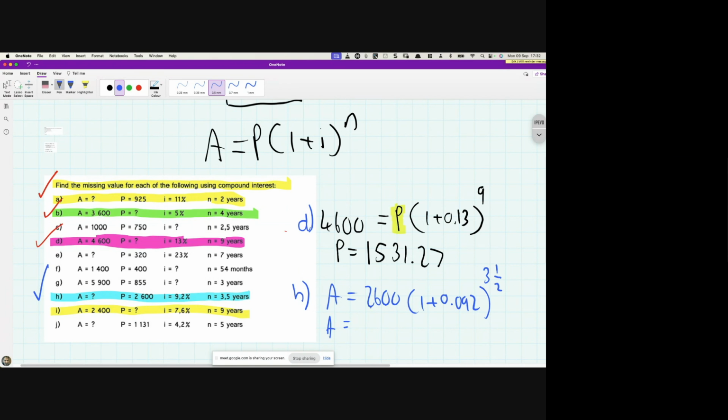I am getting 3,537.96, and I should put rands. So just one more to do, which is I, and then we need to have a break.